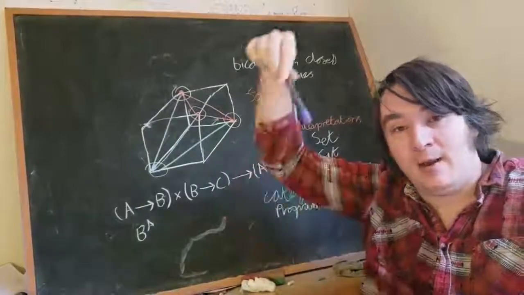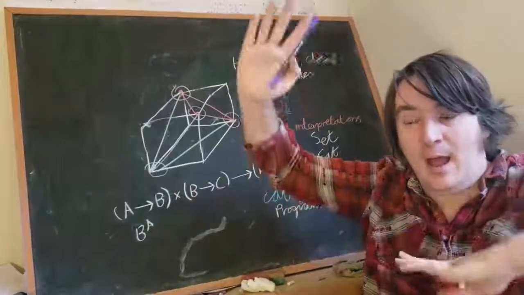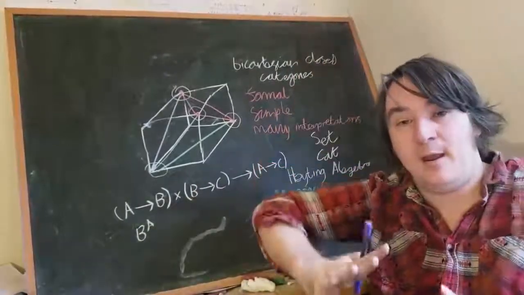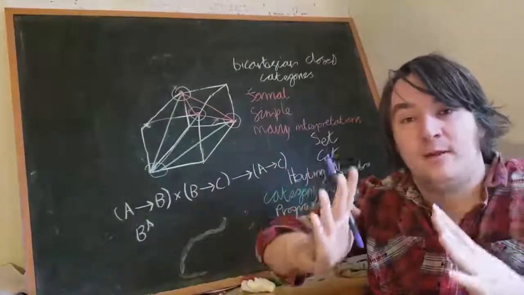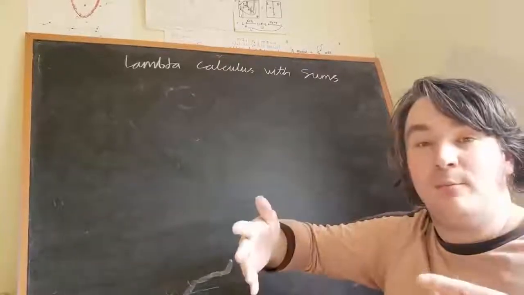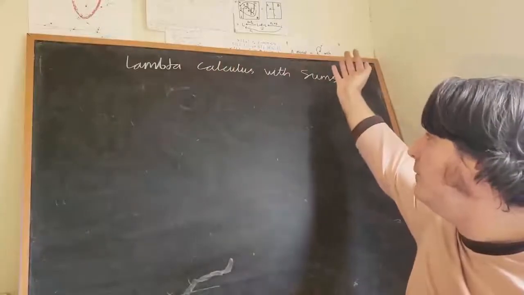So I shall add a link to a paper which you can read, which covers the theory in a much more precise manner, so that if you want to, you can actually implement this on a computer. And what we're going to talk about, I like to call simple type theory. We could also call it lambda calculus with sums.